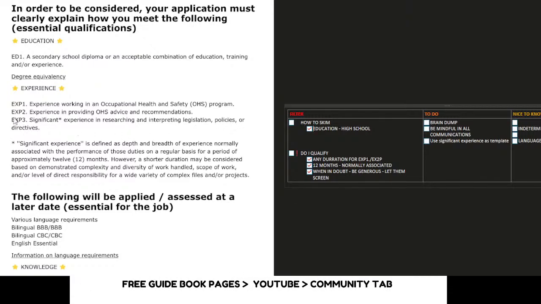It doesn't say what kind of directives, what kind of legislation, or what type of policies. So let's say, for example, you have an experience outside of occupational health and safety, you would actually still meet this requirement. Now, that's not to say that if you do have experience in OSH that you shouldn't be including it. Of course you should be.